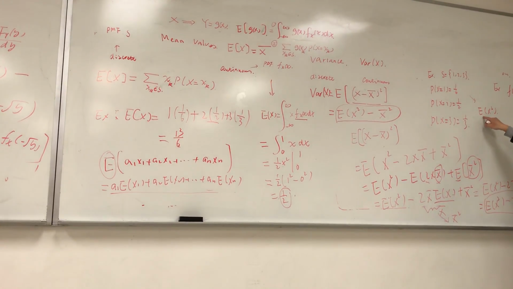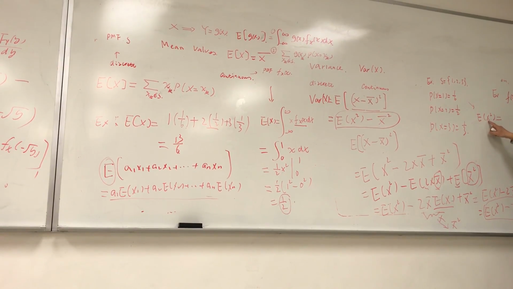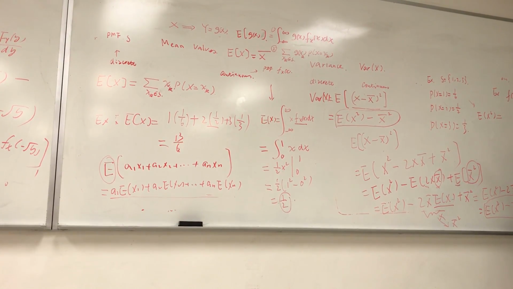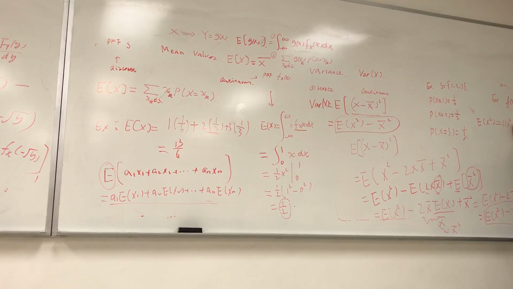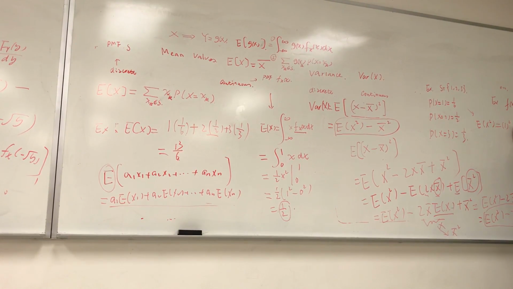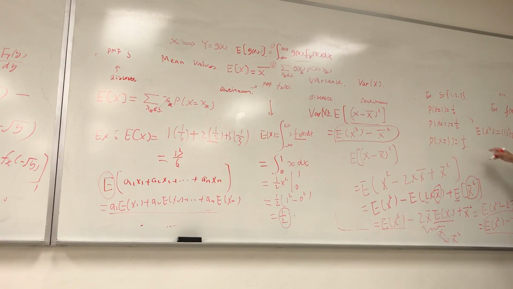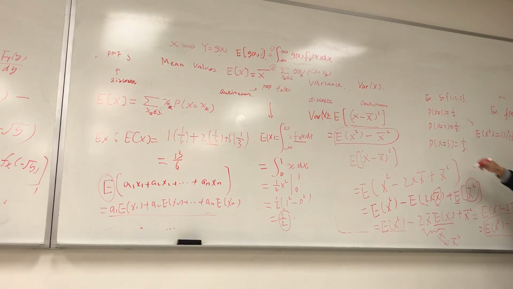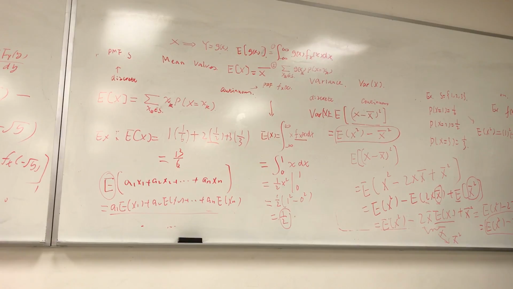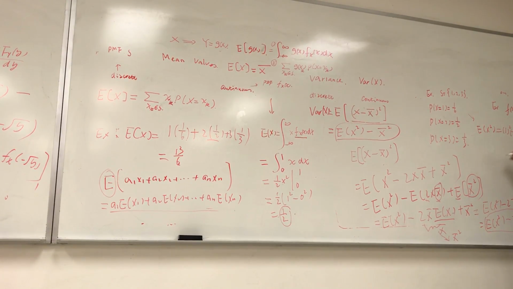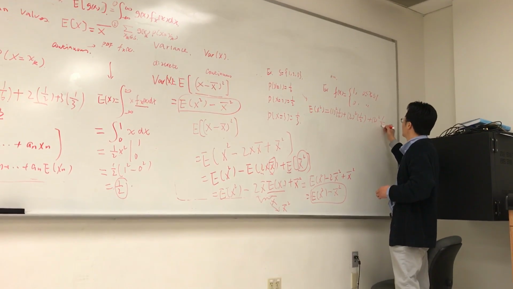Now, go back to this example here. This gives us X squared, and X has 3 realizations. We have 1 squared times the corresponding probability, which is 1/6, plus 2 squared times its probability, plus 3 squared times 1/3.